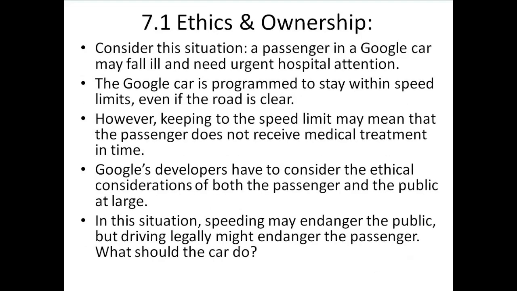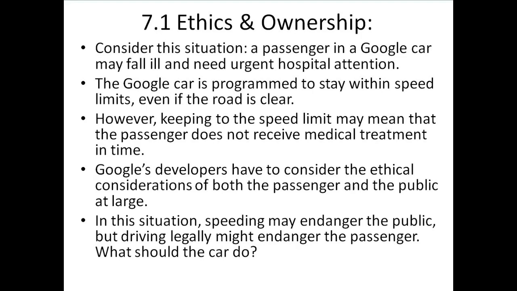Consider this situation: a passenger in a Google car may fall ill and might need urgent medical attention. The Google car is programmed to stay within the allowed speed limits even if the road is clear. However, keeping to the speed limit may mean that the passenger does not receive medical treatment in time and passes away by the time the car reaches a proper medical facility, such as a hospital.